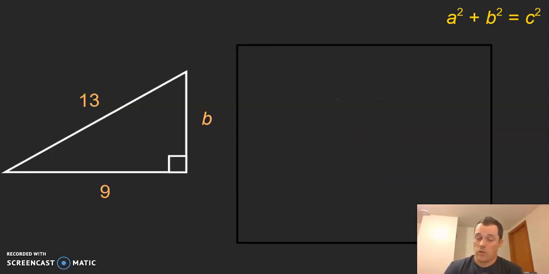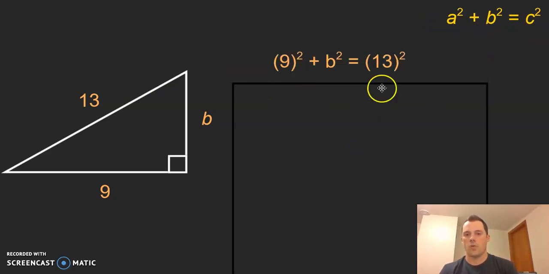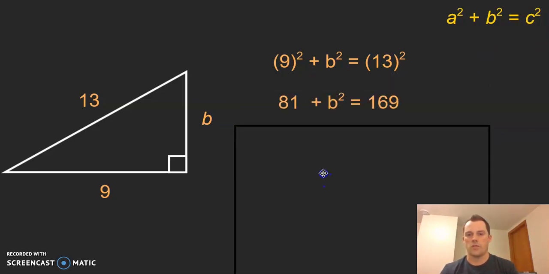In this example, we know the hypotenuse, but we are trying to solve for one of the legs, and that's usually going to be an extra step. So again, we can go ahead and plug 9 in for our A value. It doesn't really matter, but that 13 has to go in for C. So now, as we did in the first example, we can square those values.